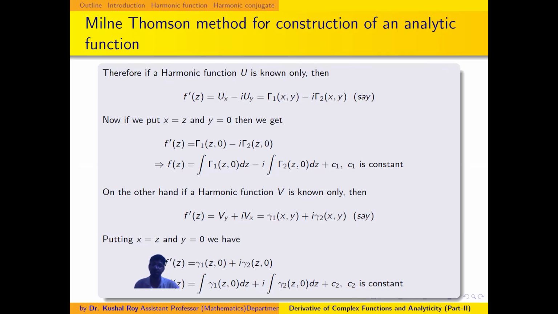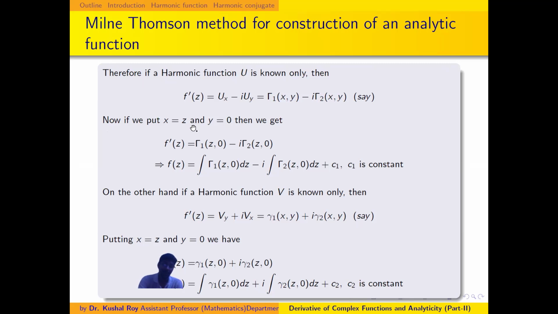In that case, f dash z must be ux minus iuy. So let us consider ux as a function gamma 1 of x, y and uy as a function gamma 2 of x, y.